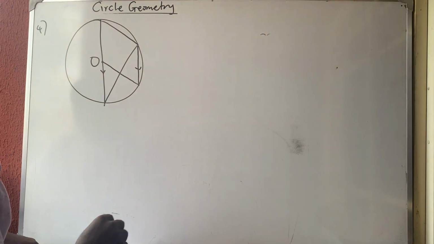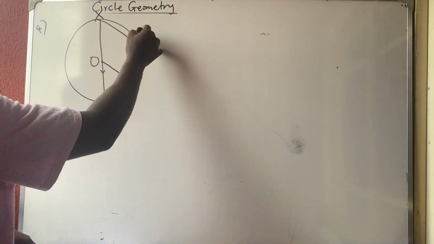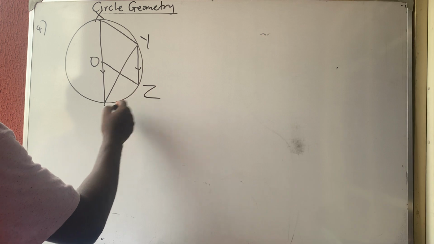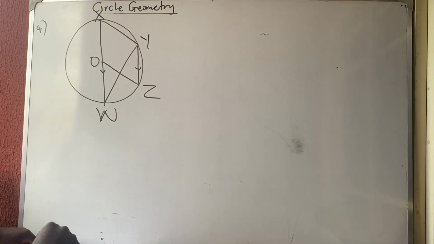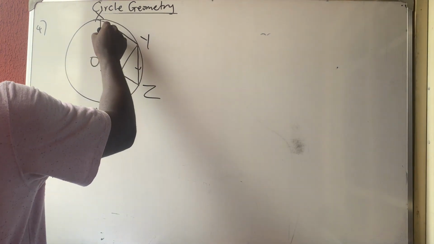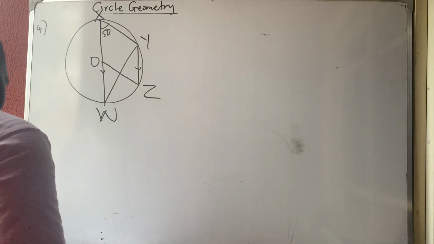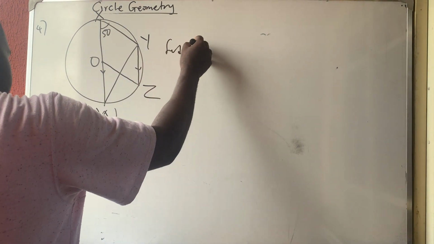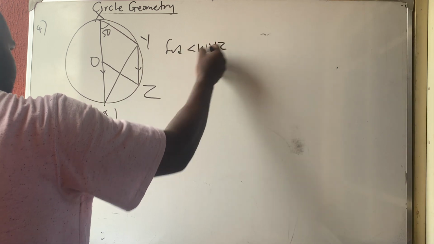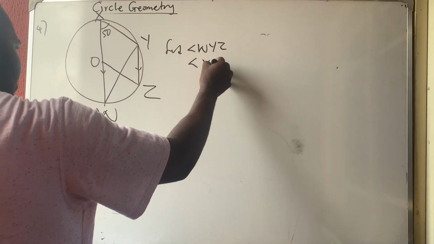They now say that here is X, Y, Z, W. Here is 50 degrees. They now say find angle WYZ and angle YEZ.